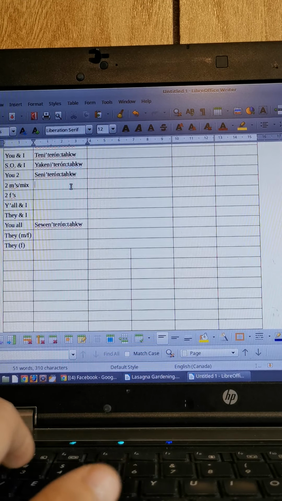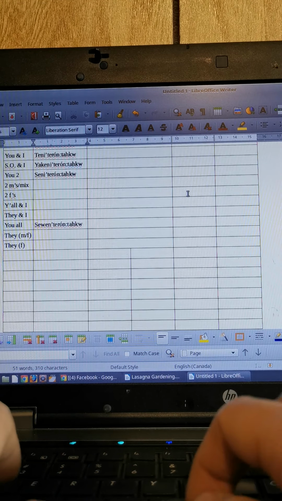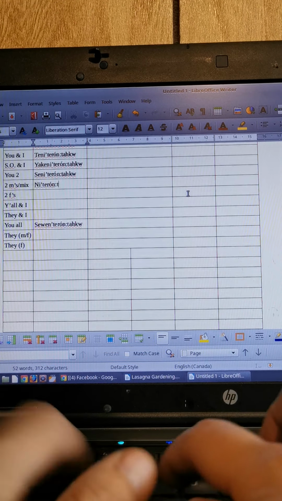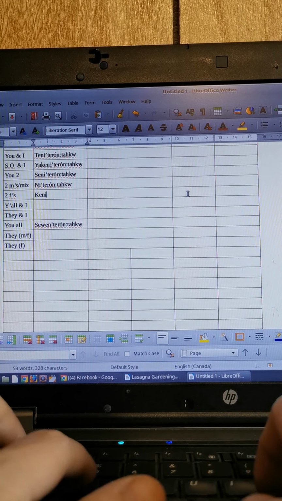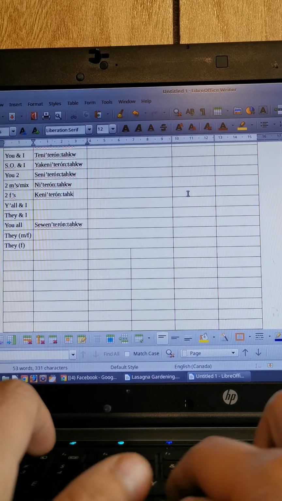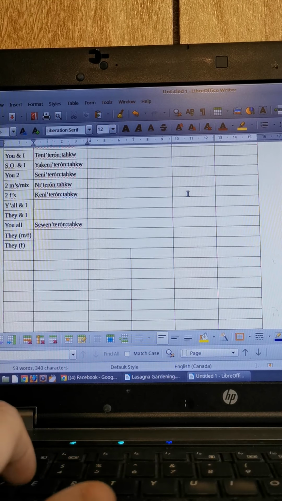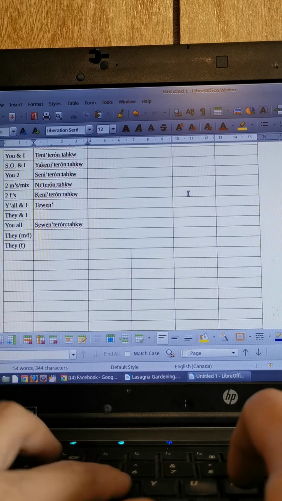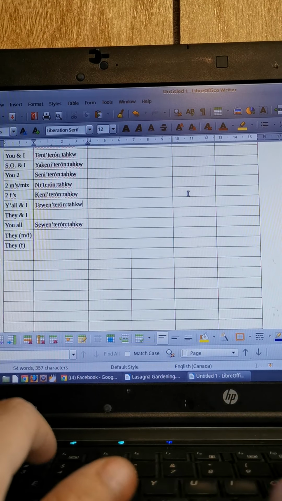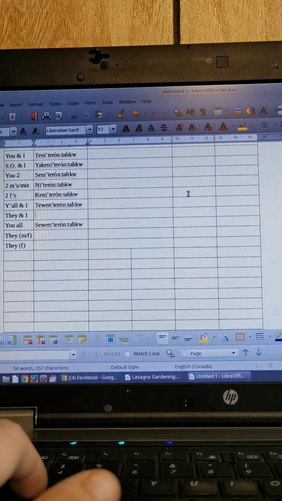That's you two. So two males or two females. Neat derundak. Let the two of them stay home. Two females. Genit derundak. Let the two females stay home. You all and I. They want derundak. So let's all of us remain at home.